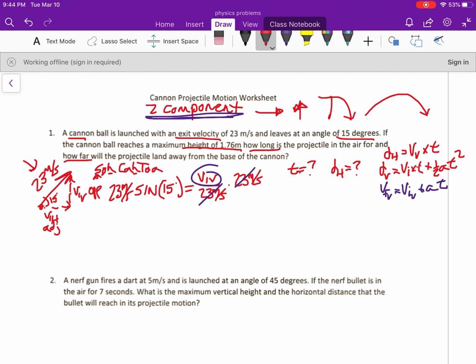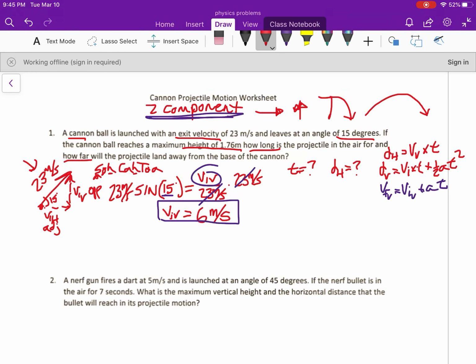Remember, we're dealing with degrees, so your calculator needs to be in degrees. When I do this, I get my velocity initial in the vertical. Let me rewrite that. Initial in the vertical equals 6 meters per second. So that's my vertical initial.